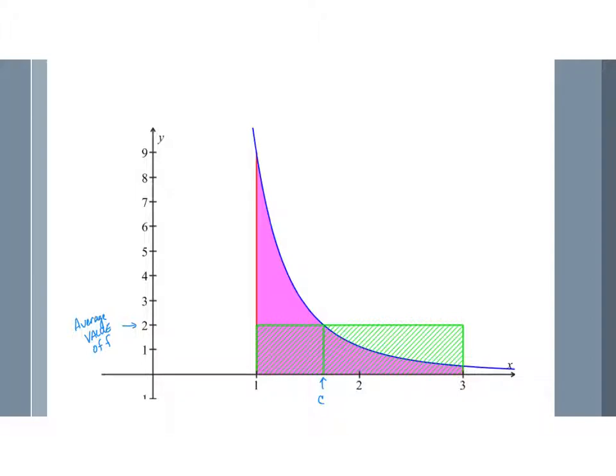Another way to think about this average value is if I add up, an average is just add up and divide by how many. So if I add up all of these heights and then I divide across how many there are from 1 to 3, then the height would be 2.